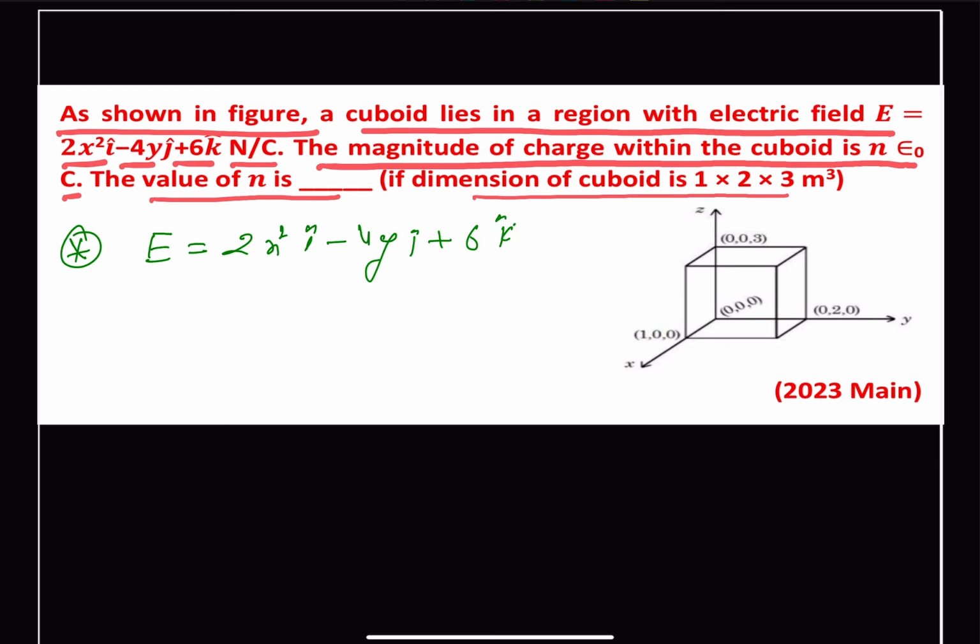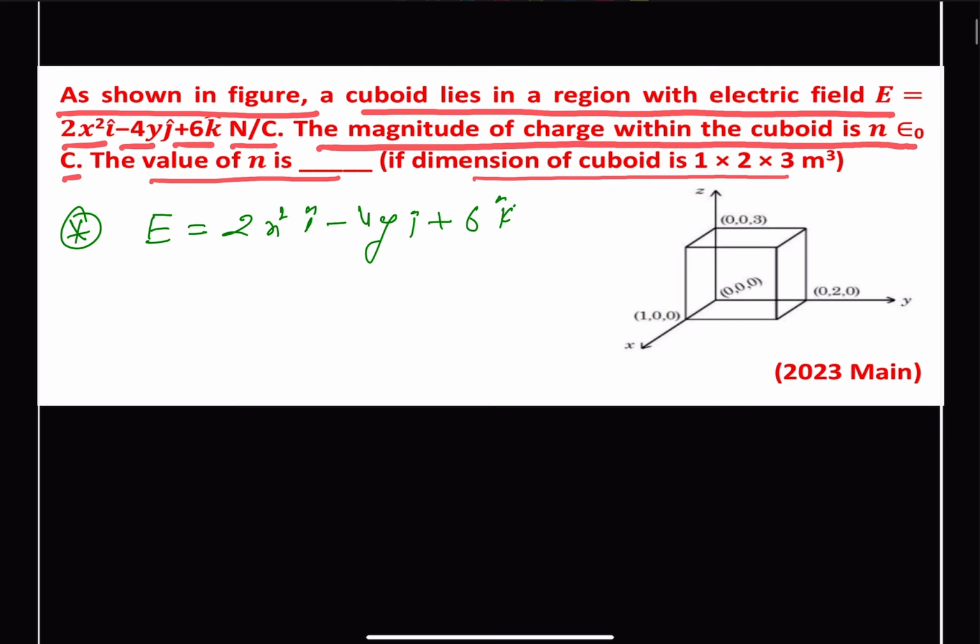If we see this equation closely, we can see that the first part, 2x square i unit vector, is a representation of the electric field in x direction, the second one is the representation of y, and the third one is the representation of z.